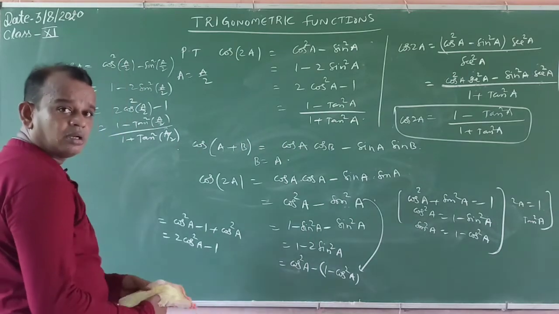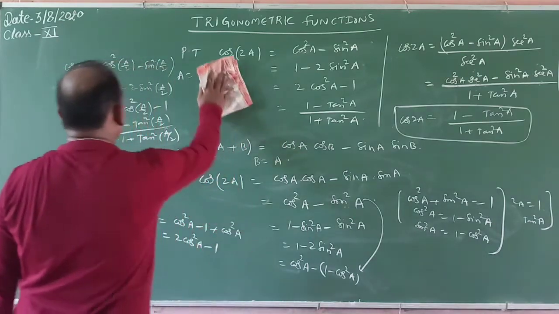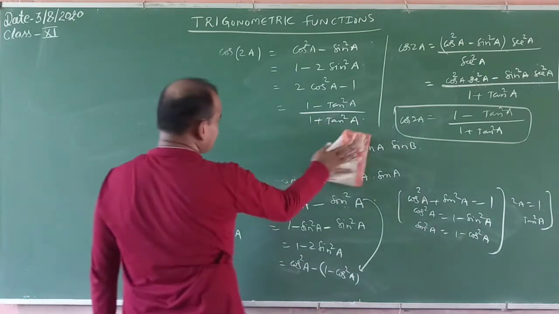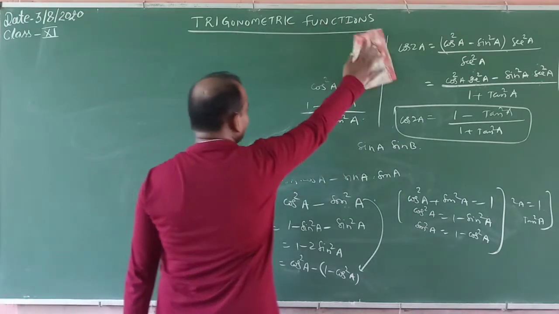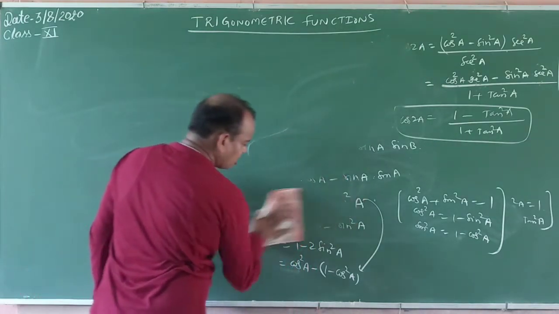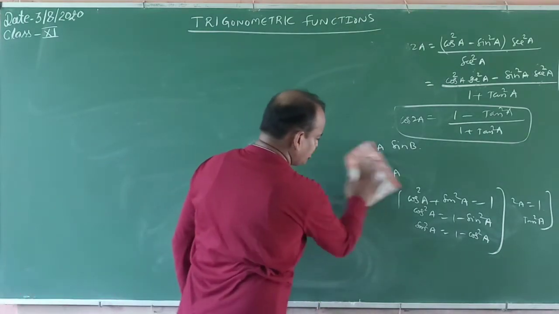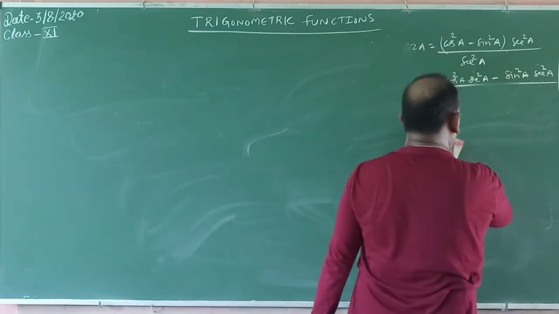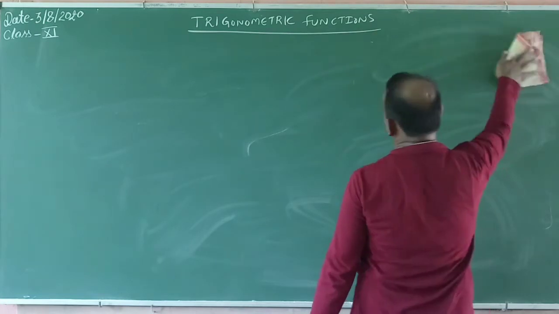Now, we are going to the other formula, that is tan 2A. From cos 2A, the remaining important formulas are there, very useful formulas. Okay, remember. After that, we will explain tan 2A and all remaining formulas.